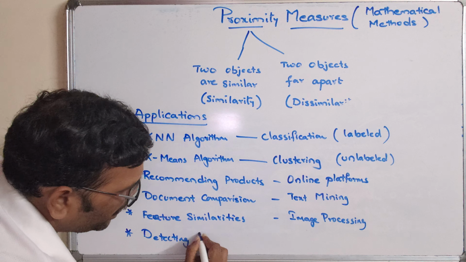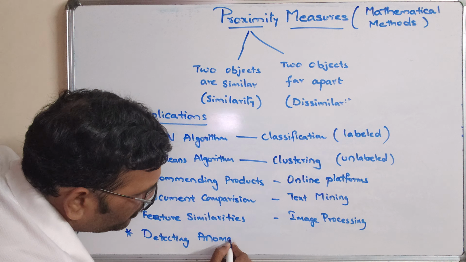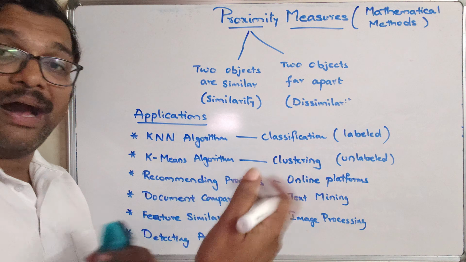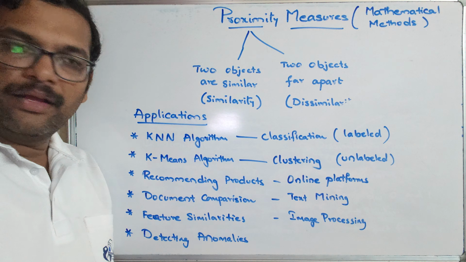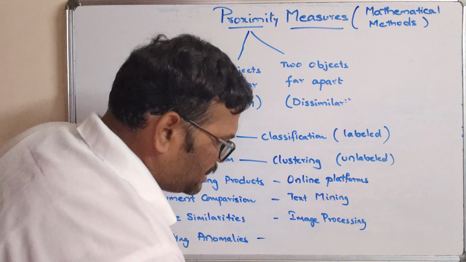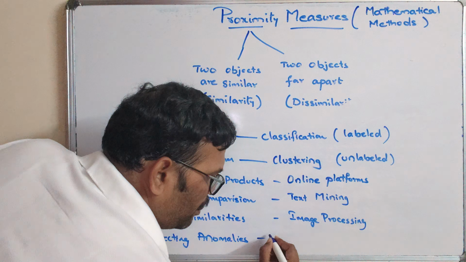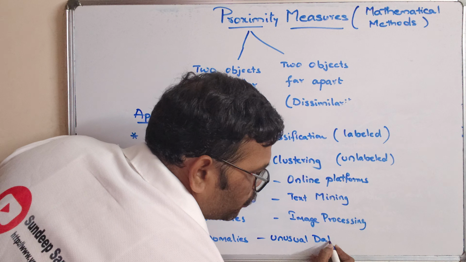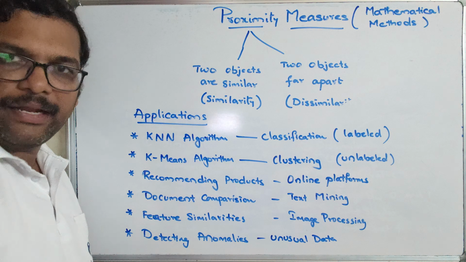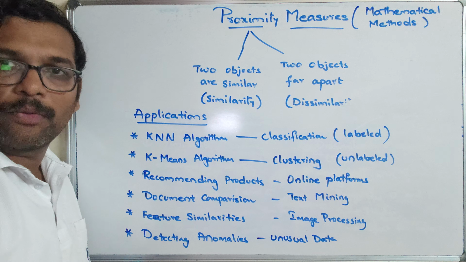And finally, detecting anomalies. That means the objects which are far away. That is called anomalies, right? Which we can call unusual data or abnormal data.